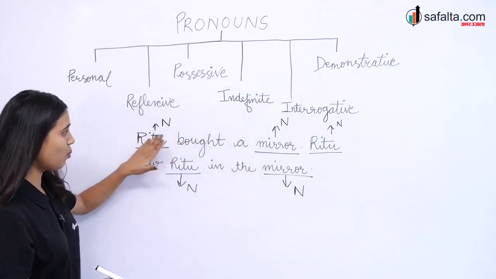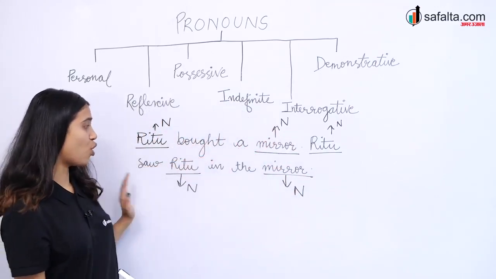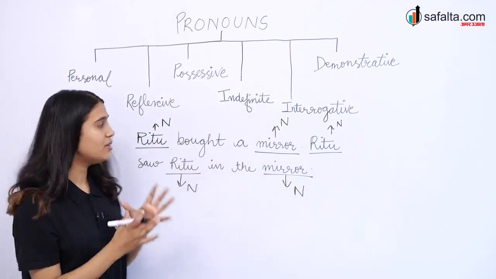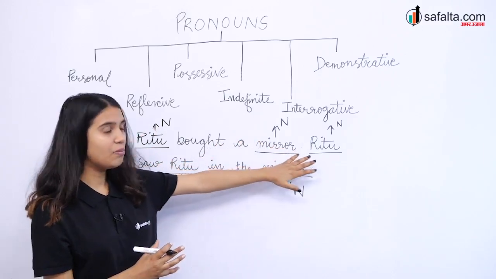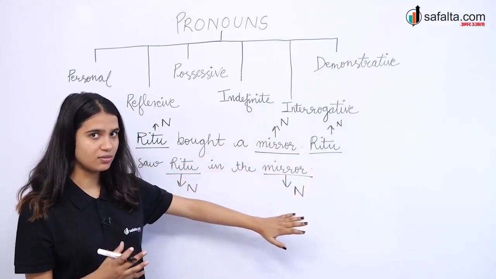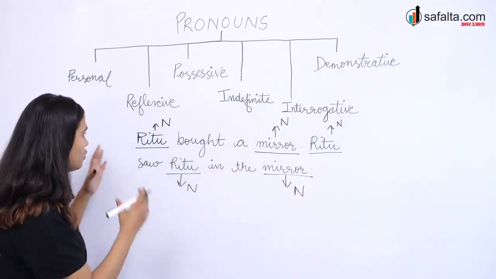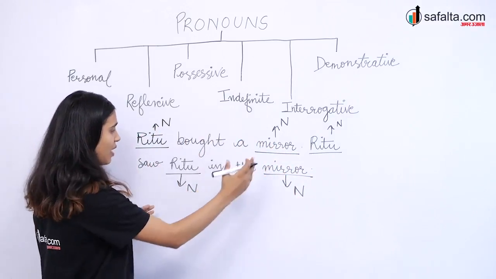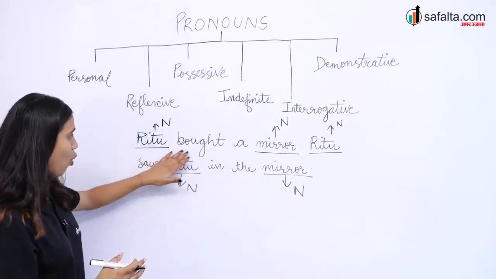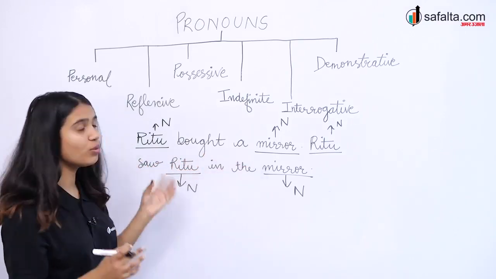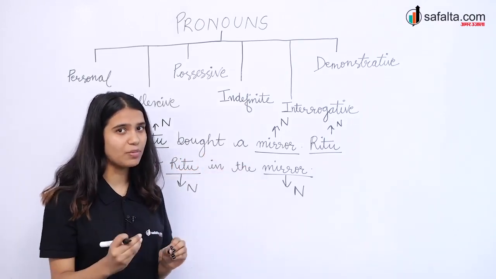Ritu bought a mirror. Ritu saw Ritu in the mirror. Now, there has been a repetition of nouns in the sentence. If you read the sentence very carefully, you will realize that the sentence has become very complicated. Ritu bought a mirror. Ritu saw Ritu in the mirror. It is complicated and cumbersome.